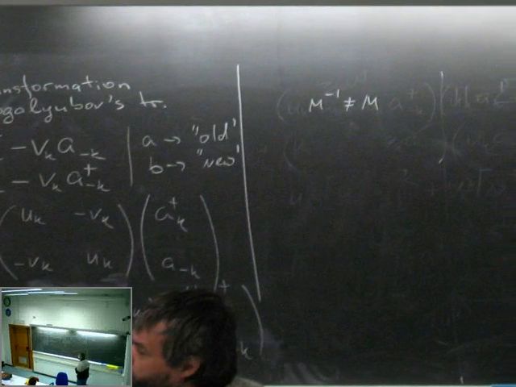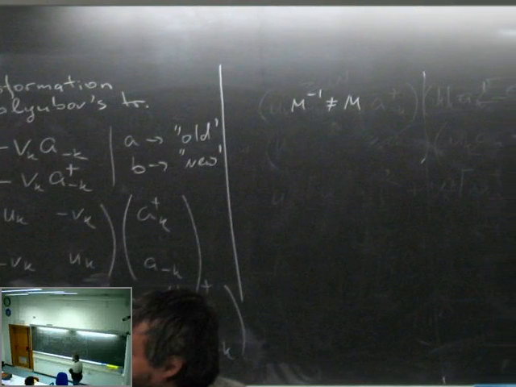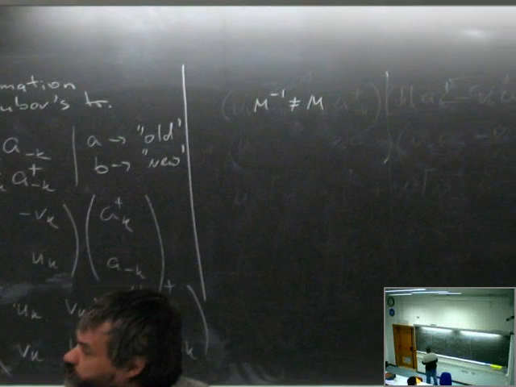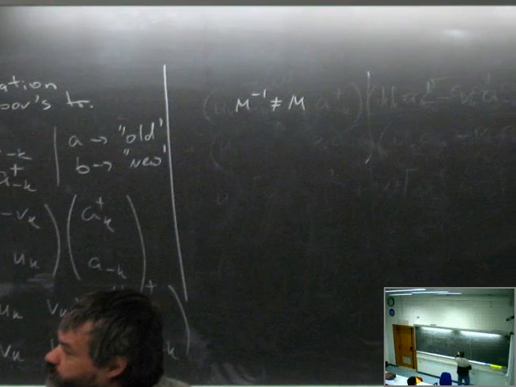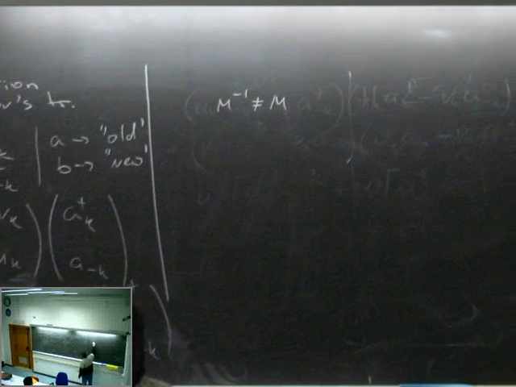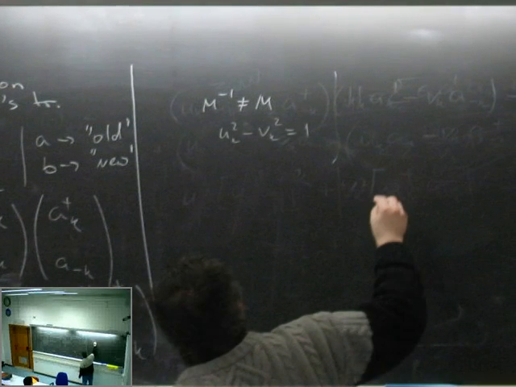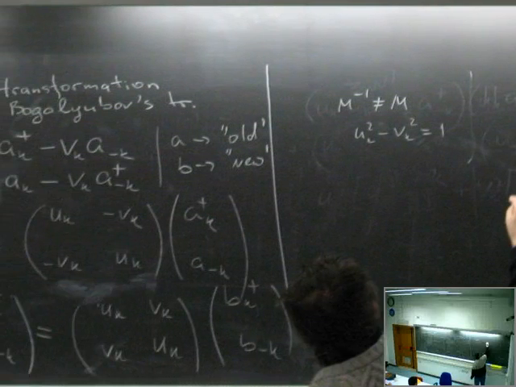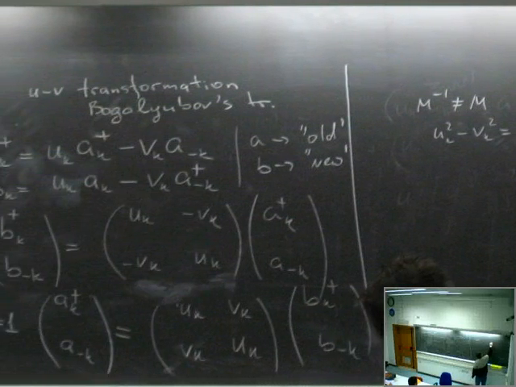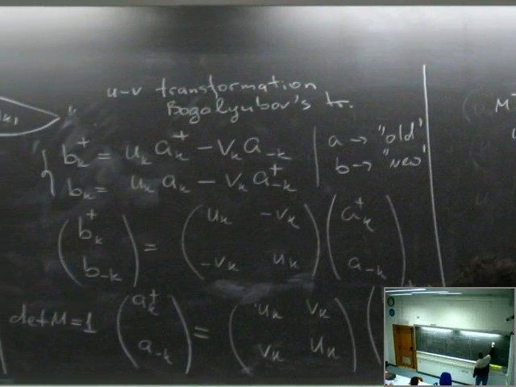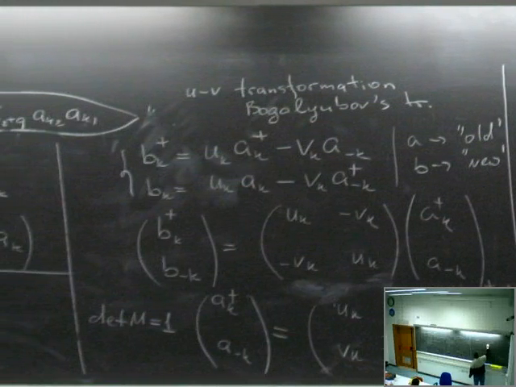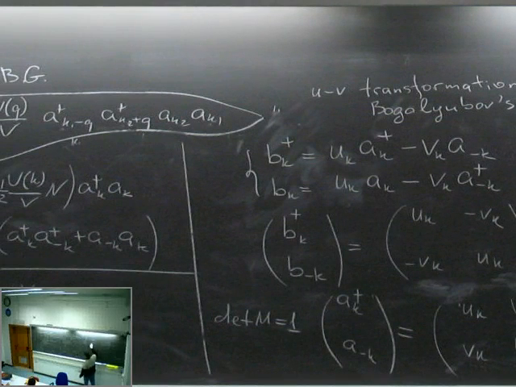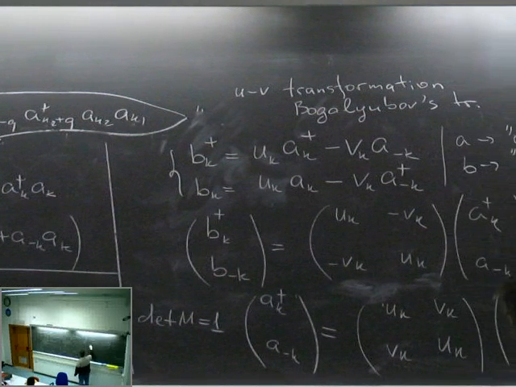It is not so, because we do the transformation on non-compact objects. What do I mean by non-compact? Since I have u squared minus v squared equal to 1, let me write that u_k is equal to cosh theta_k, and v_k is equal to sinh theta_k. Then, of course, this condition is fulfilled.